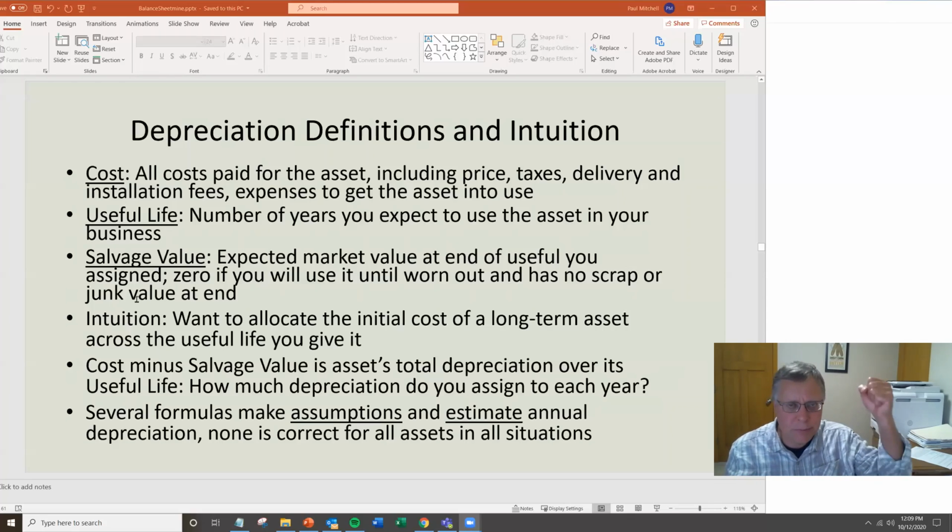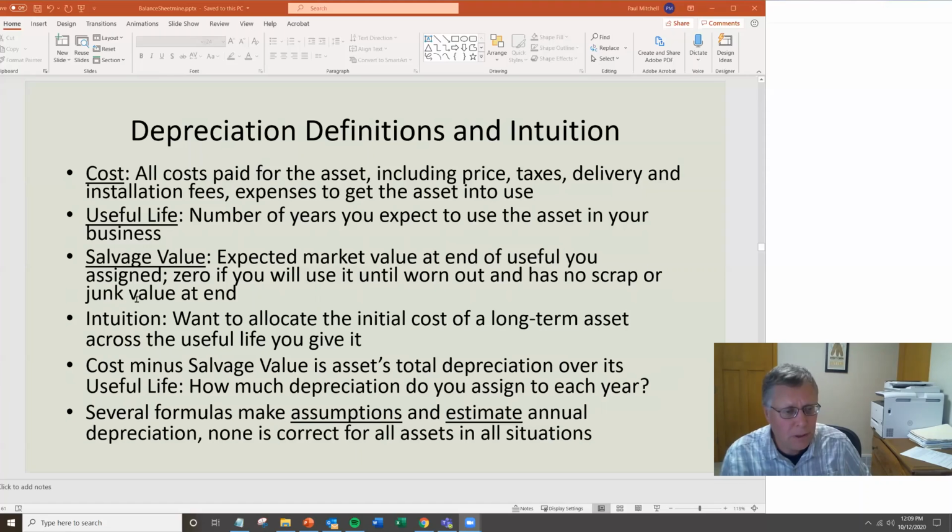So you've got an initial purchase price, say $100,000. It lasts for 5 years. At the end of that 5 years, it's only going to be worth $20,000. So there's $80,000 of value, and you're going to allocate that $80,000 decline in value over those several years. That's what you're trying to do: allocate the initial cost minus the salvage value of a long-term asset across the useful life that you're going to give it.